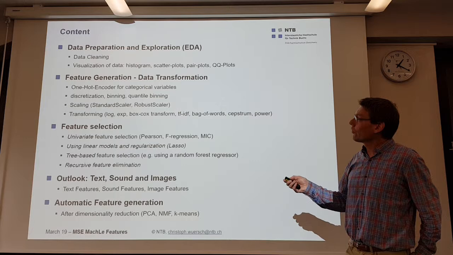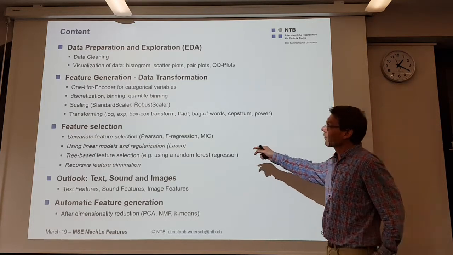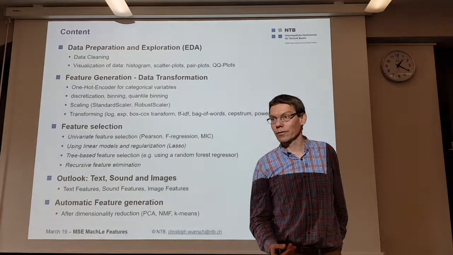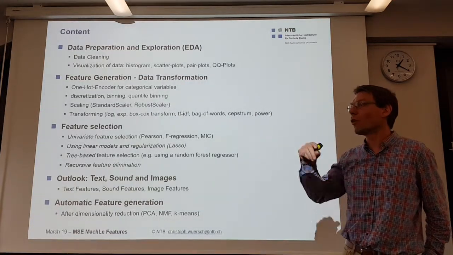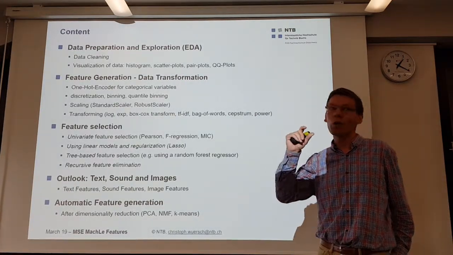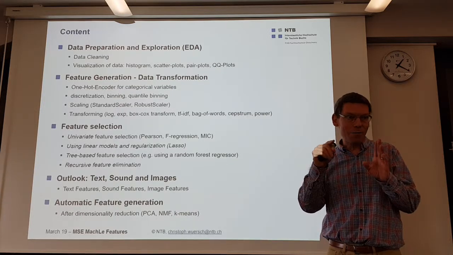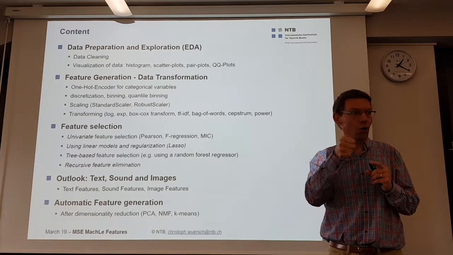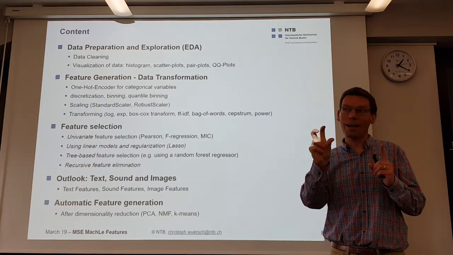Feature generation starts at the beginning, for example, if we have to encode categorical variables into numerical ones, or into one-hot encoding variables. One-hot means 0 everywhere. There's just one transistor which switches on the hot one which says, now it's this class, for example.